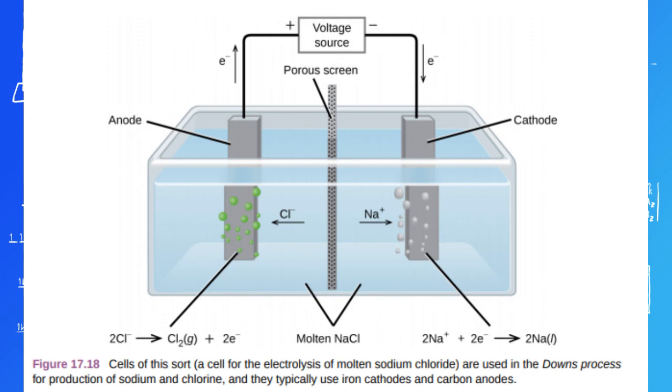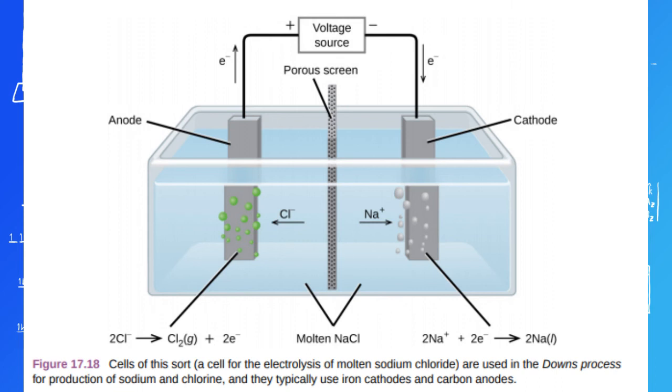But typically electrolysis is done on salts, and the salts have to either be dissolved or they have to be in molten form. You have to melt them or dissolve them. If they're not soluble, you'll have to melt them so that they're in a form that's able to move around. So how does this work?